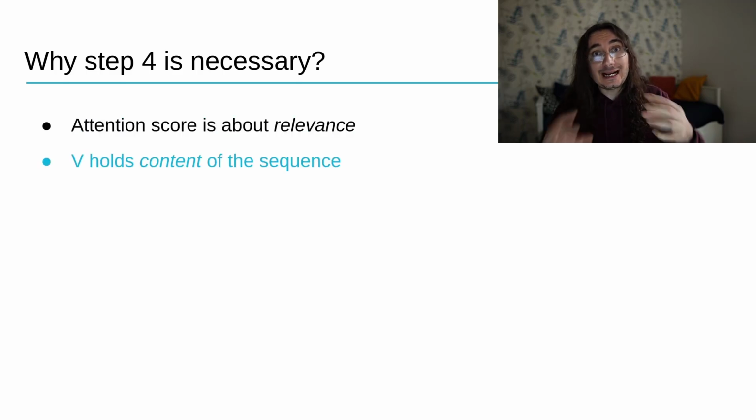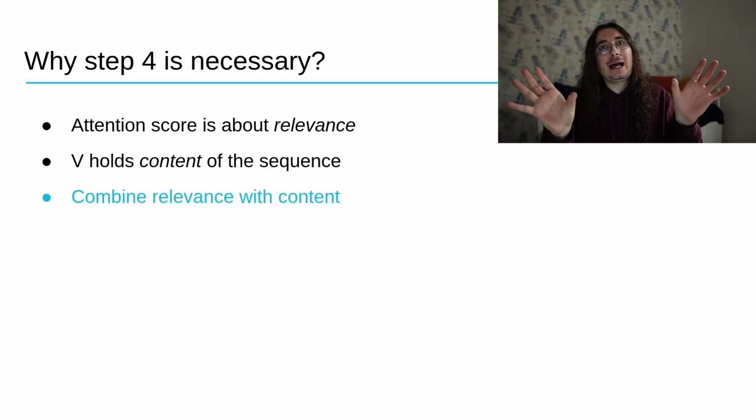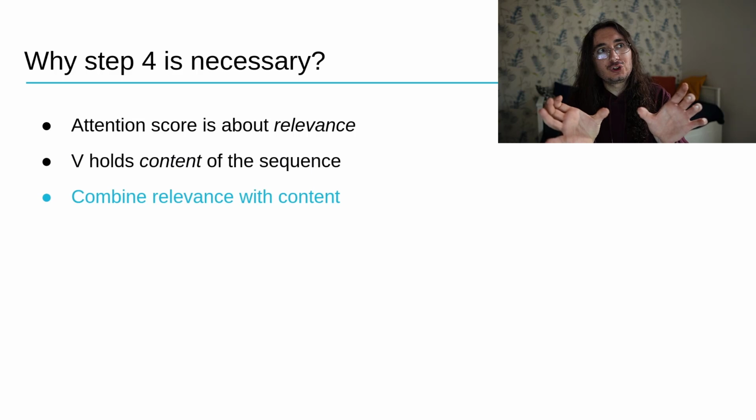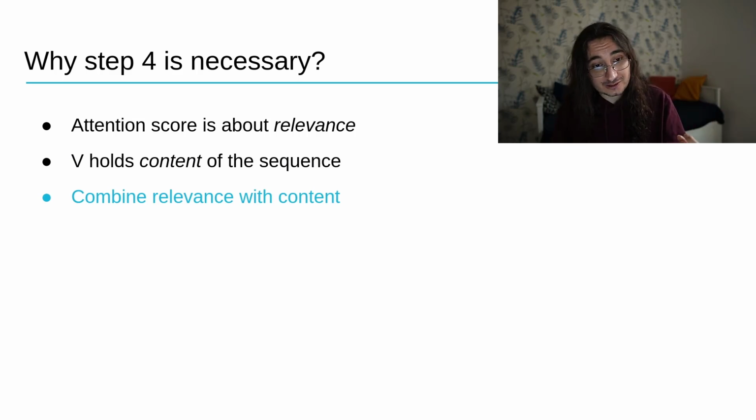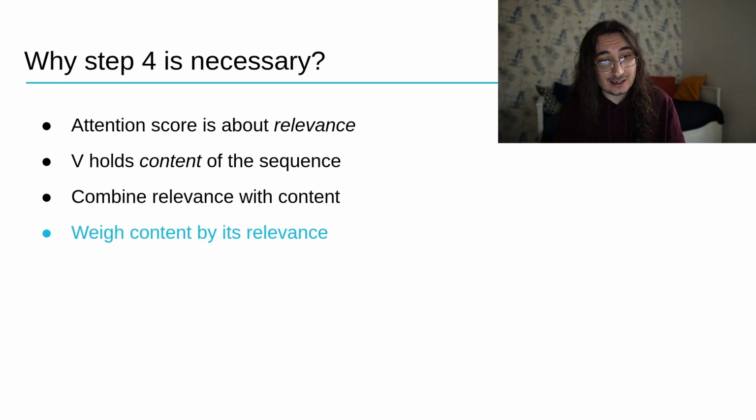And indeed, that content is held by the V matrix, the value matrix. So when you apply that dot product between the attention score and V, what you're going to get is a combination of relevance with content. Or another way of putting that is to weigh content by its relevance. That's why step 4 is fundamentally indispensable.